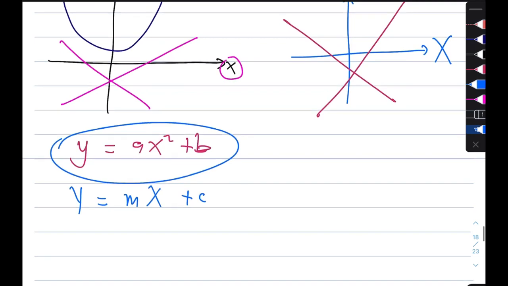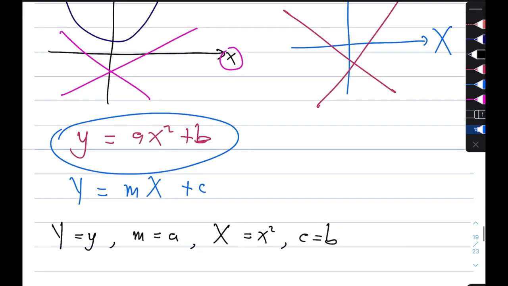Now, if you compare the coefficients, you can say that our big Y is now the small y, right? Our gradient is now a, and then our big X is the x squared, and then c is b, okay? So indeed, you have expressed this quadratic in the linear if these values are equal to each other, okay? So that's basically what you do.